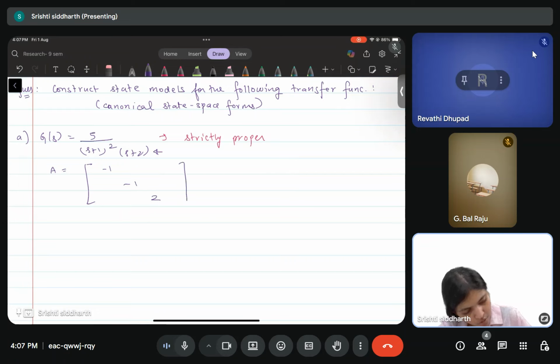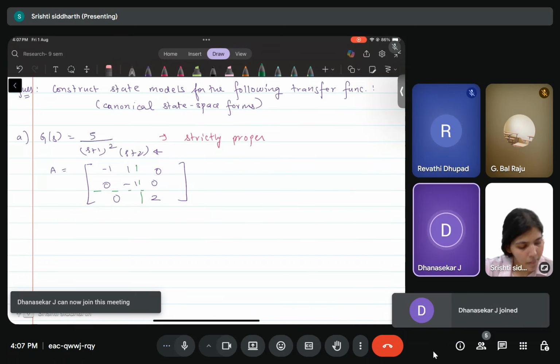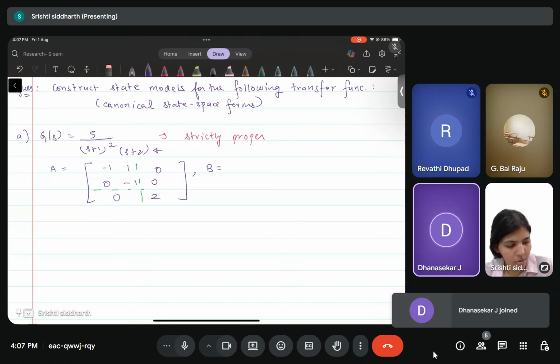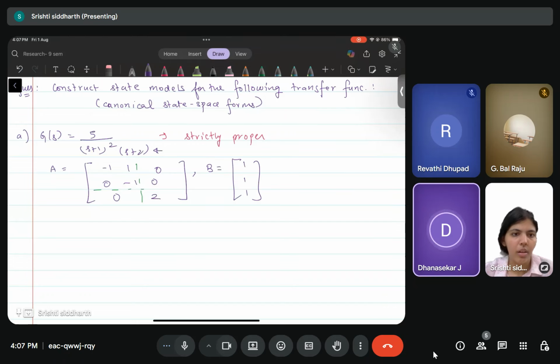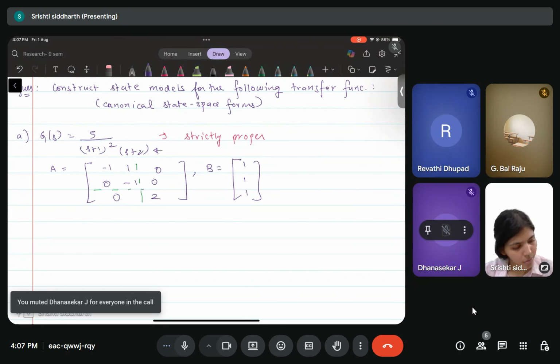And for the Jordan block for minus 1, we have the formula 0, 0. This is the Jordan block. Alright. Then B is, it's a third order system, so 1, 1, 1. D is going to be 0.